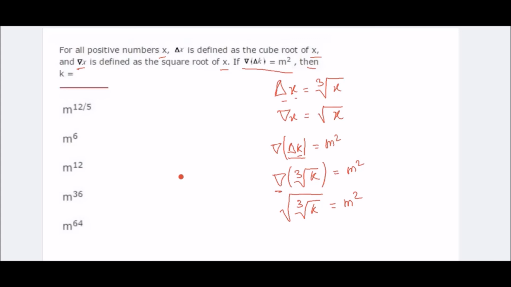So for removing the square root, we will square on both sides. Then cube root of k will become m power 4. Removing the cube root sign, we will cube on both sides. Then k will become m power 4 whole cube, and that will be m power 12. So our answer is the third option.